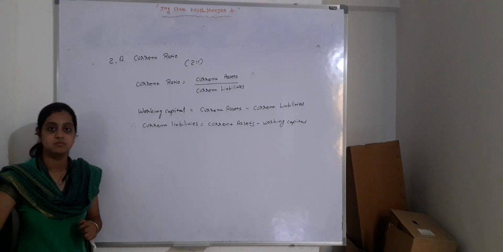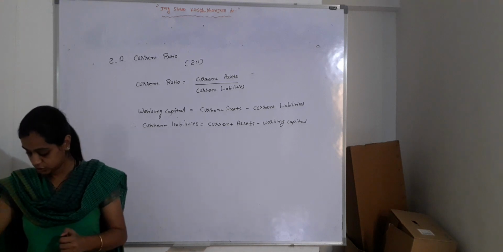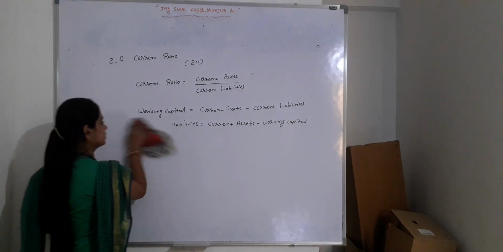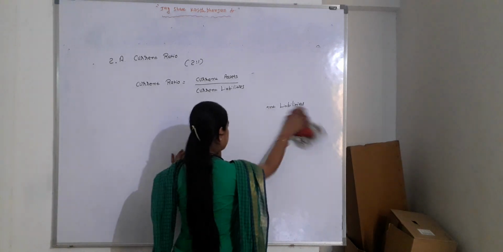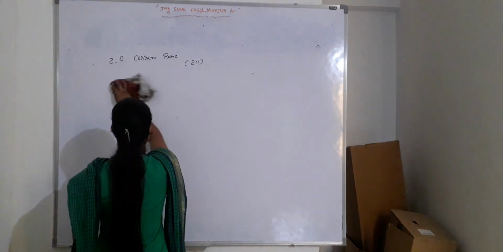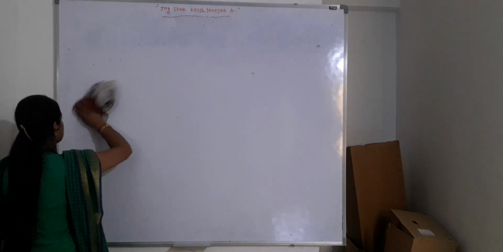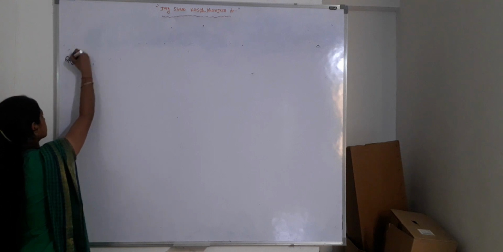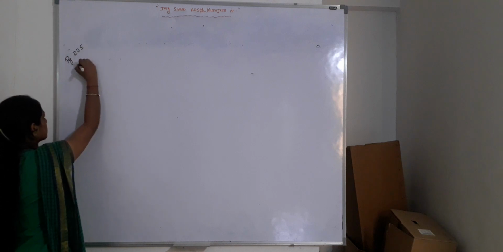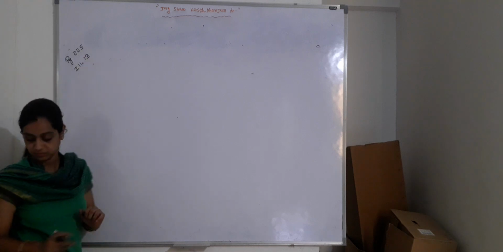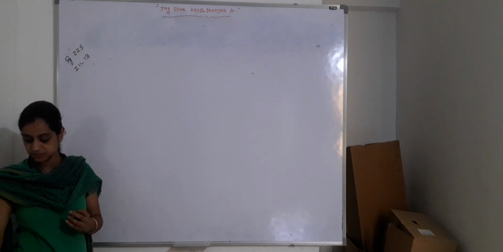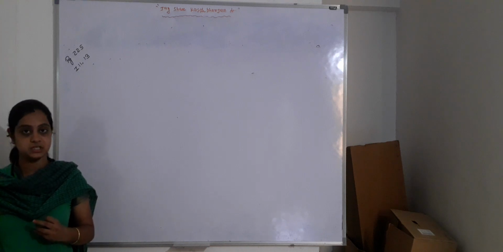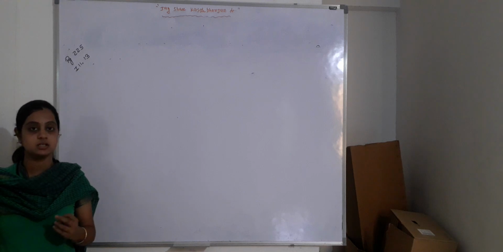We'll start with the sum. Page 2 to 5, illustration number 13. In this sum, they have said, from the following information of M Limited, calculate current ratio.